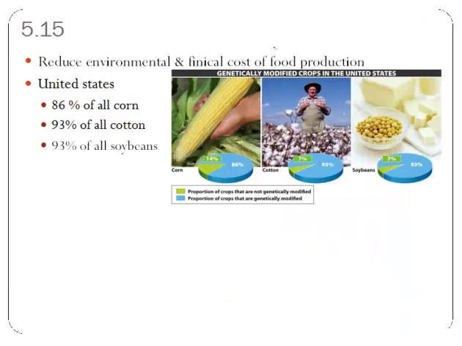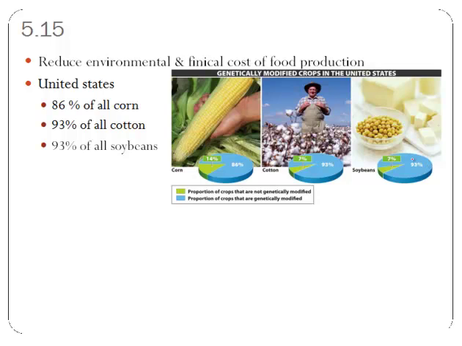We can also reduce our environmental and financial cost of food production. And looking at just the United States, right now, about 86% of all corn planted in the U.S. is genetically modified. 93% of all cotton is genetically modified, and 93% of all soybeans is genetically modified.